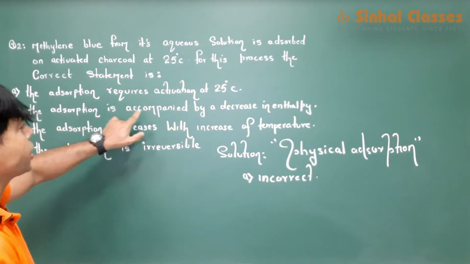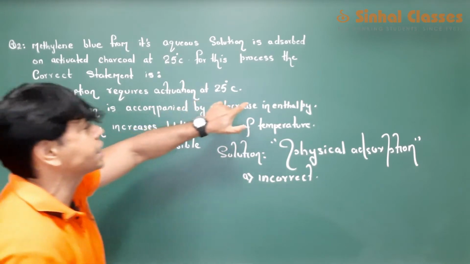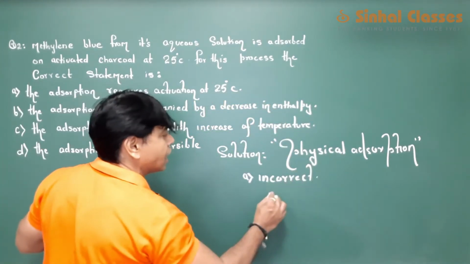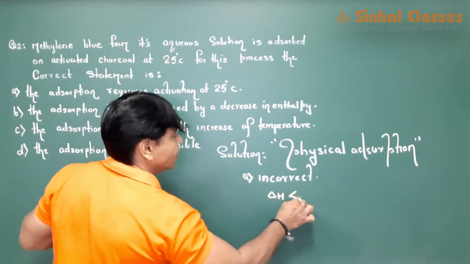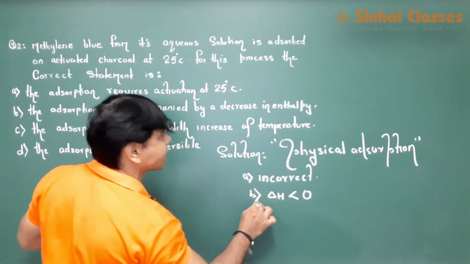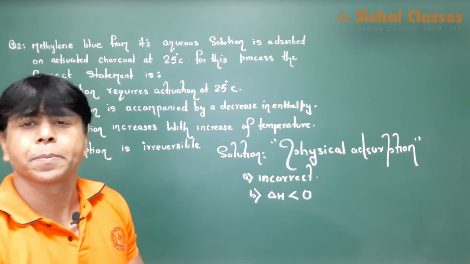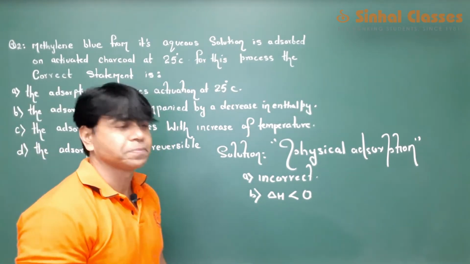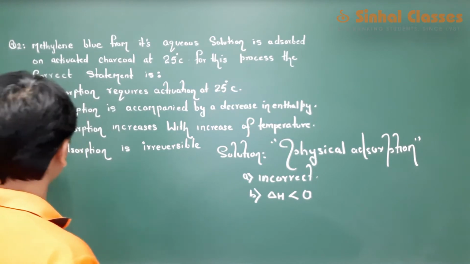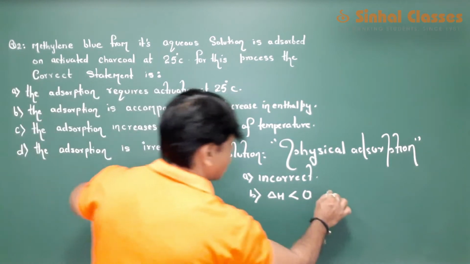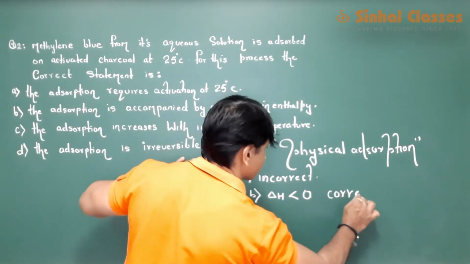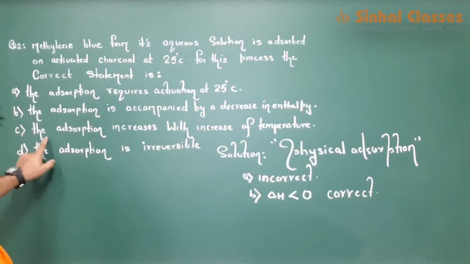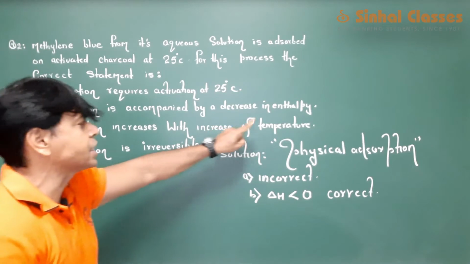What about the second one? The adsorption is accompanied by a decrease in enthalpy. Yes. In case of physical adsorption, definitely there is a decrease in enthalpy. So option B is correct. What about the C option? The adsorption increases with increase in temperature.